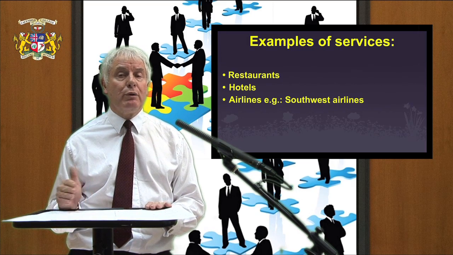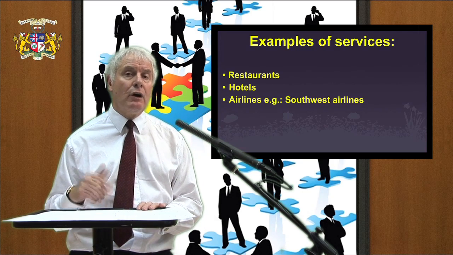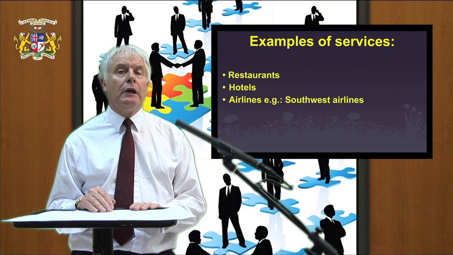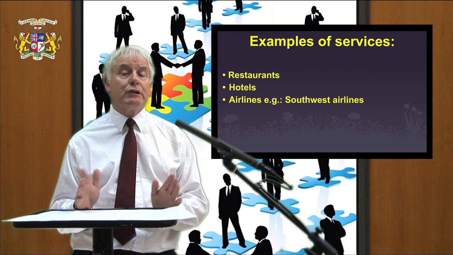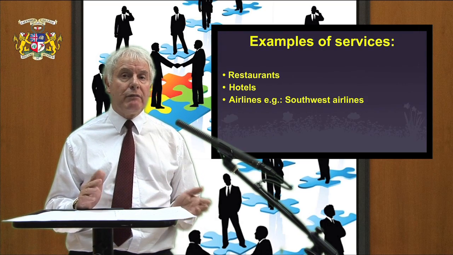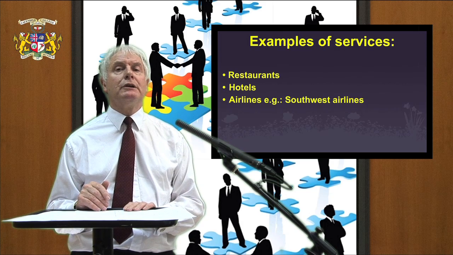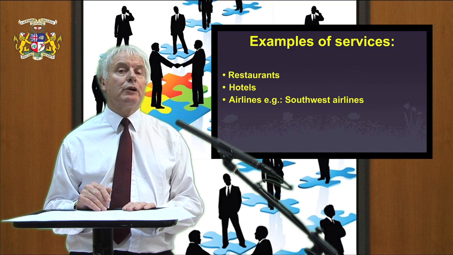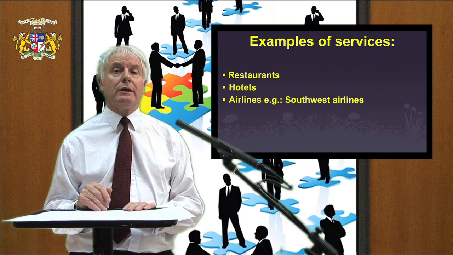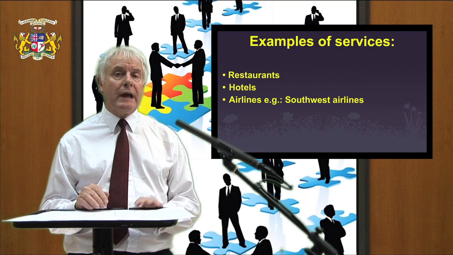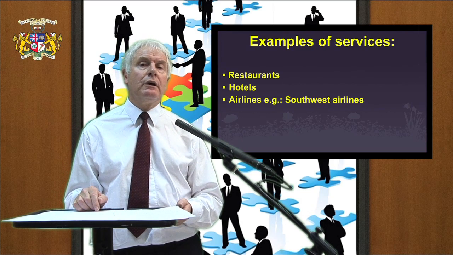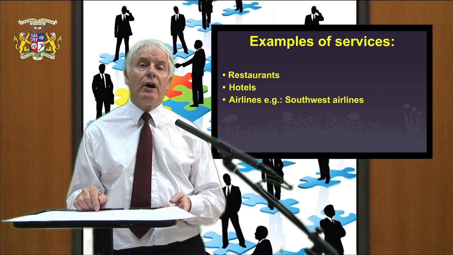I'll go there, I'll have booked in advance, I'll be meeting friends there, we'll sit at a table, 3 or 4 of us, we will have a meal, the restaurant will be fairly full, it'll be lively talk and banter and excitement. Later on there might be live music playing. The service will be good and quick, and the food will be excellent. And we will pay for that and we'll go away having enjoyed the experience. We've enjoyed the service that's been provided.